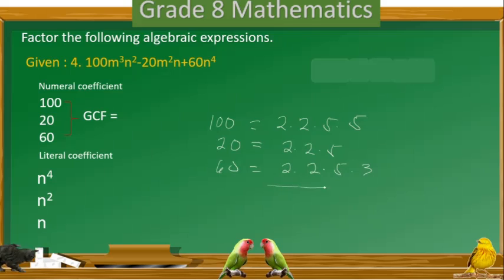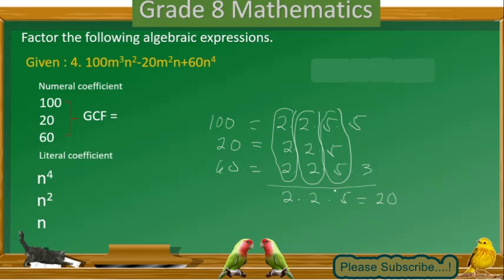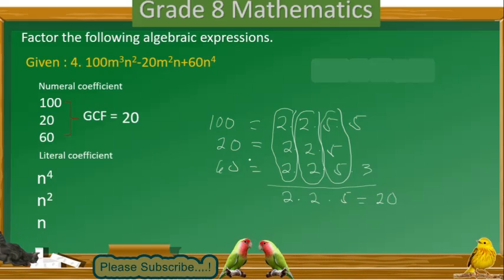Then let us find the common. The common is this one, 2, also this one, 2, also with this one, which is 5. To multiply these, we have 20. So that is our GCF for the numerical coefficient.